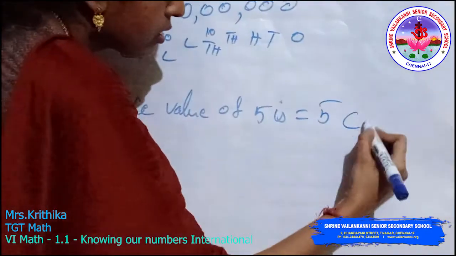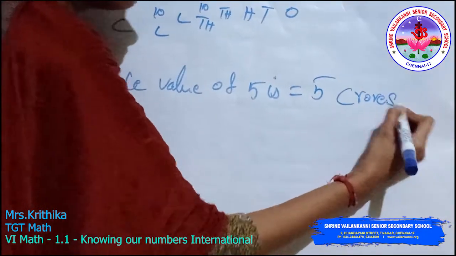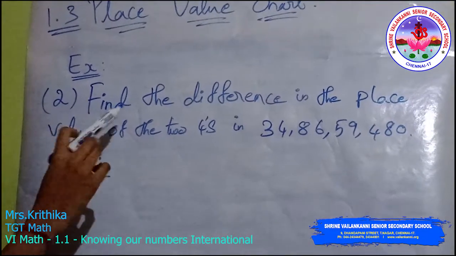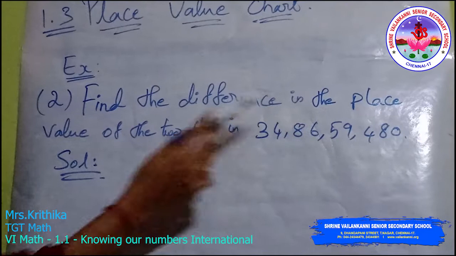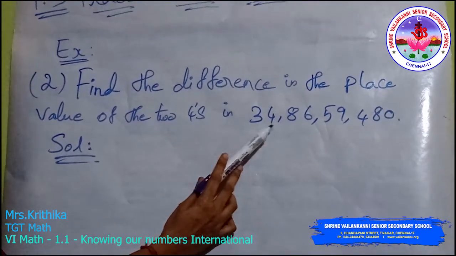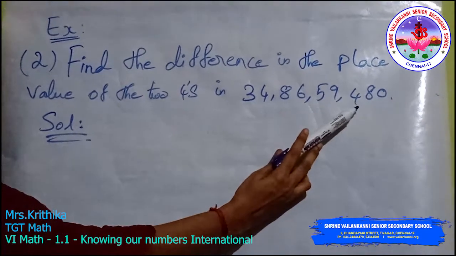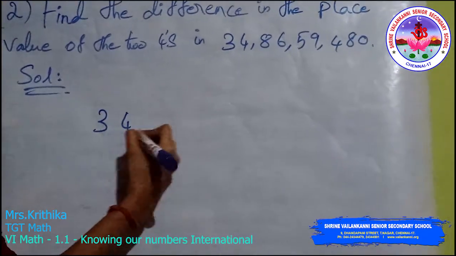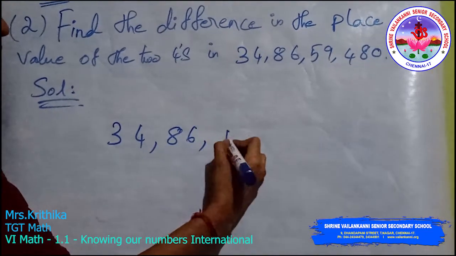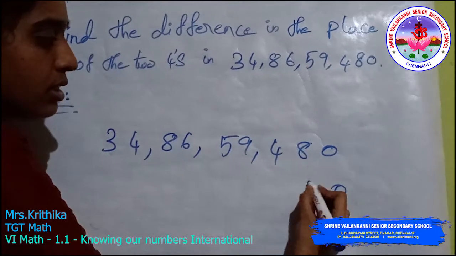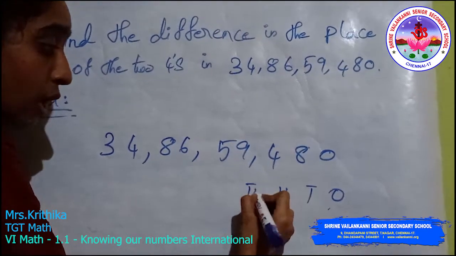Example 2. Find the difference in the place value of the two 4s in 348659480. This is ones, tens, hundreds, thousands, 10,000, lakh, 10 lakh, crore, 10 crore.